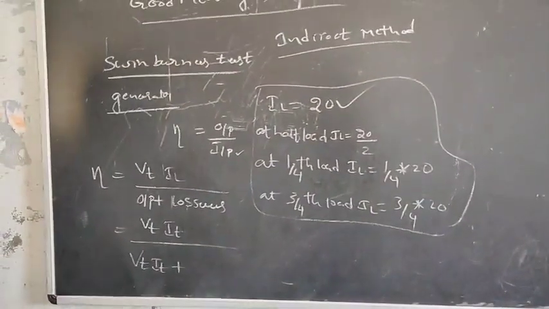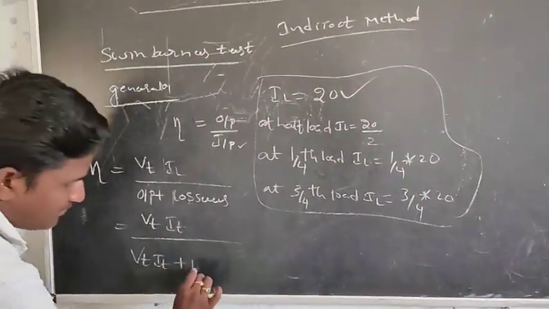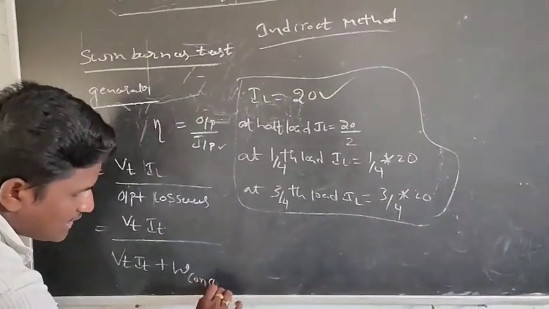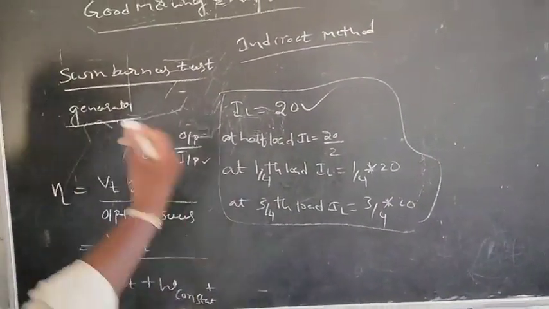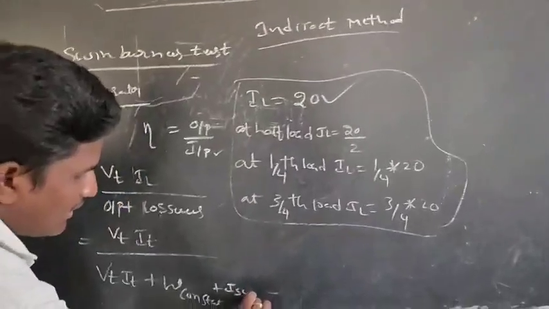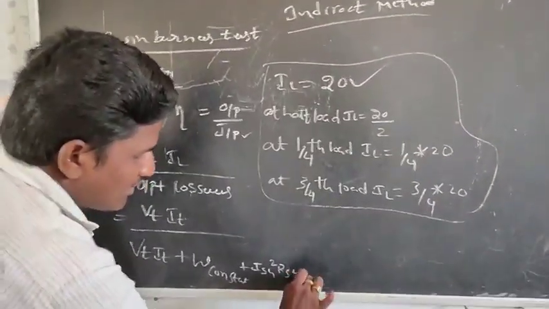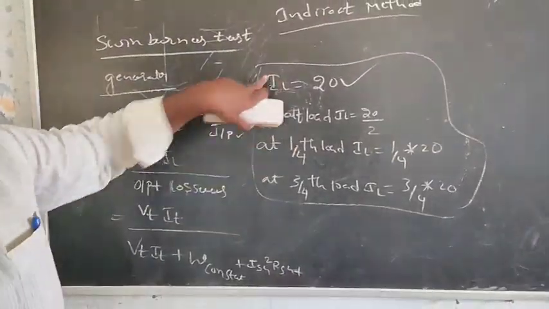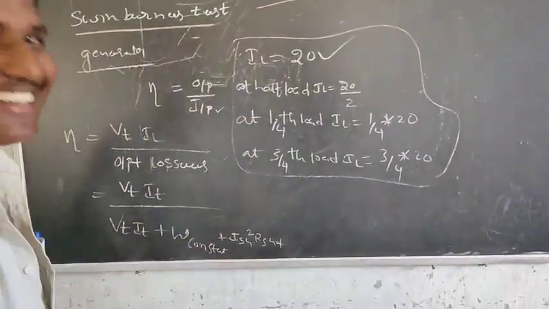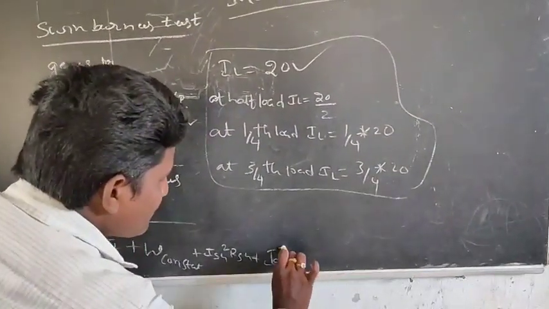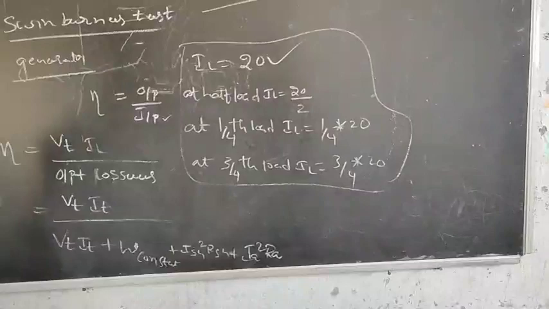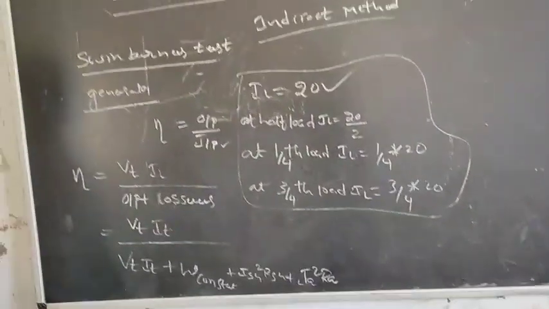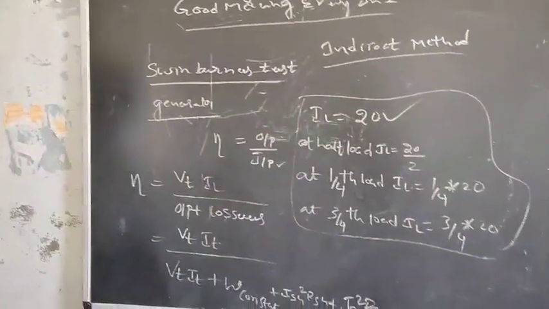The losses are constant losses plus field copper losses, ISH square RSH, plus armature copper losses. Whatever they give, IL we can calculate, so IA square RA. This is the way of determining the generator efficiency.